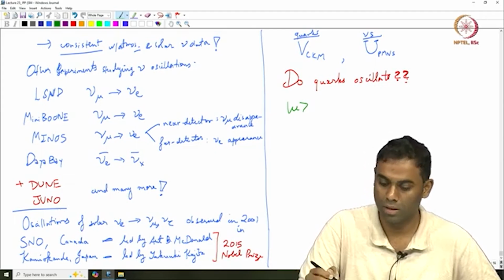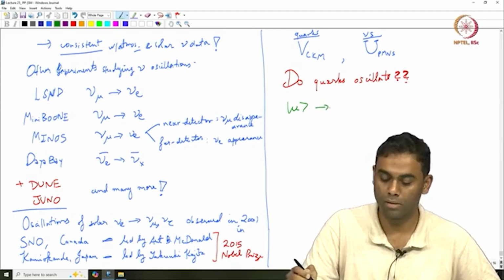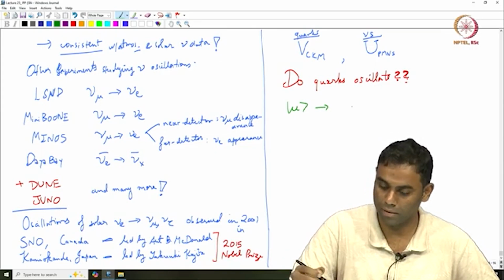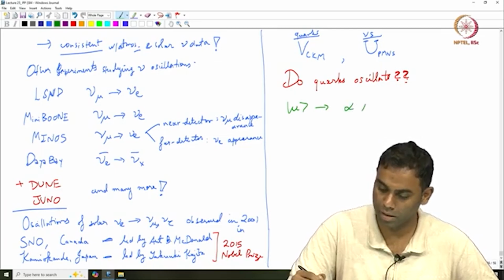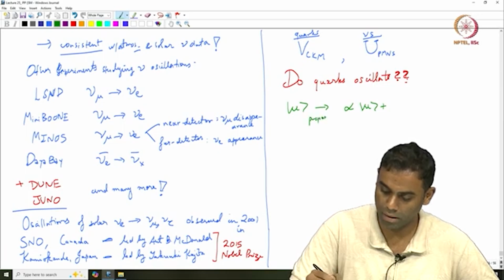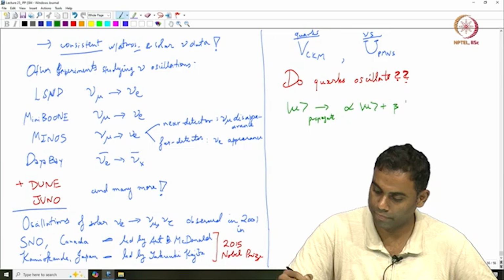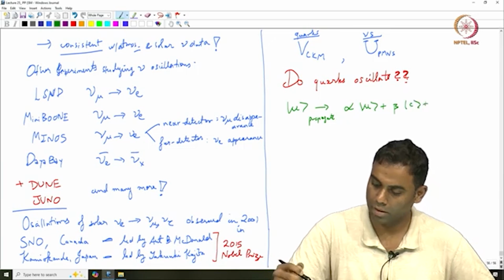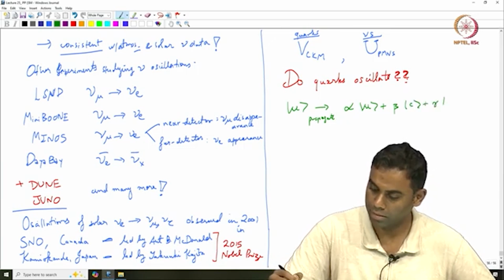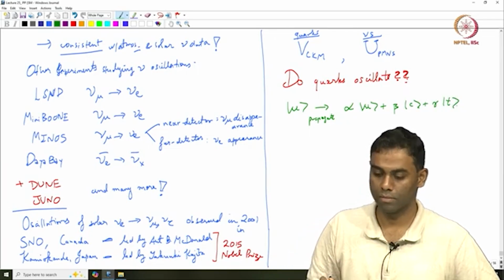I know that it mixes, so as I propagate there is some up, charm and top.